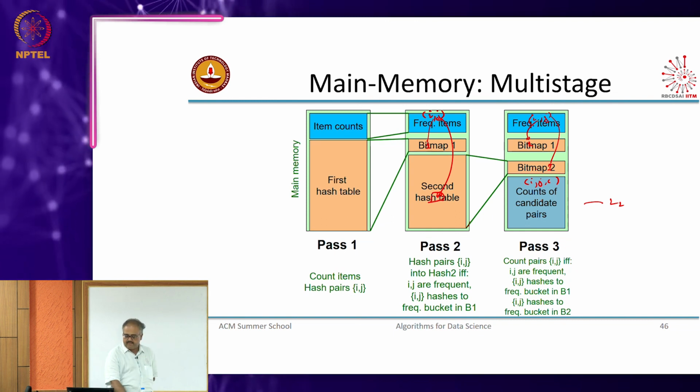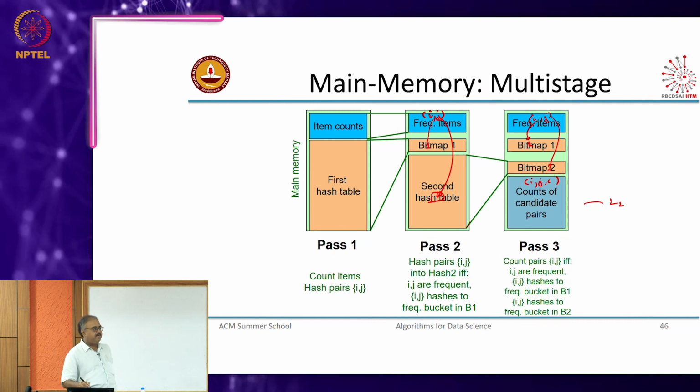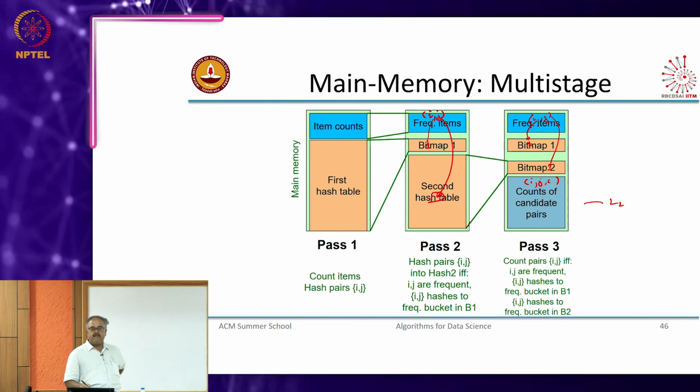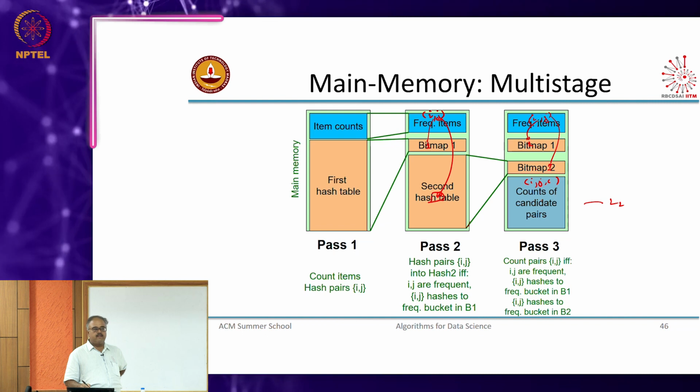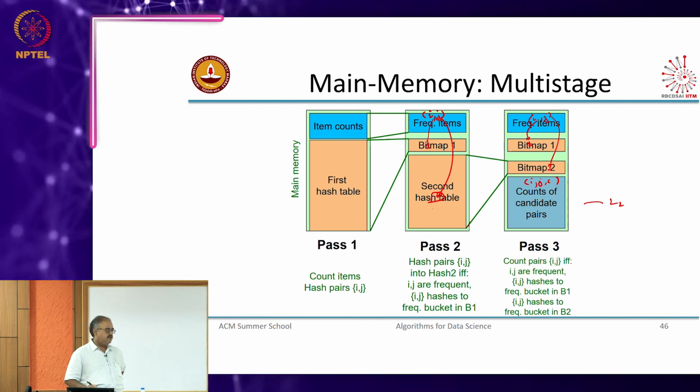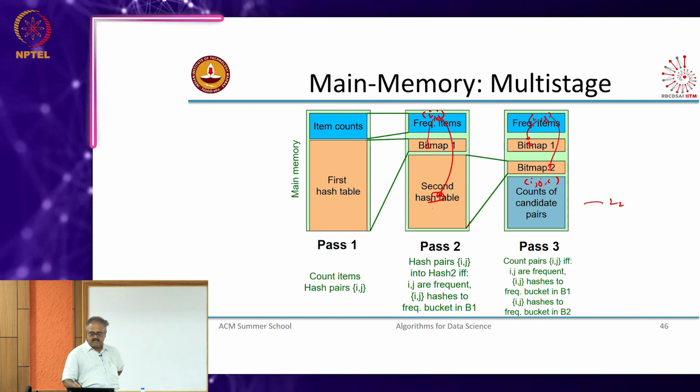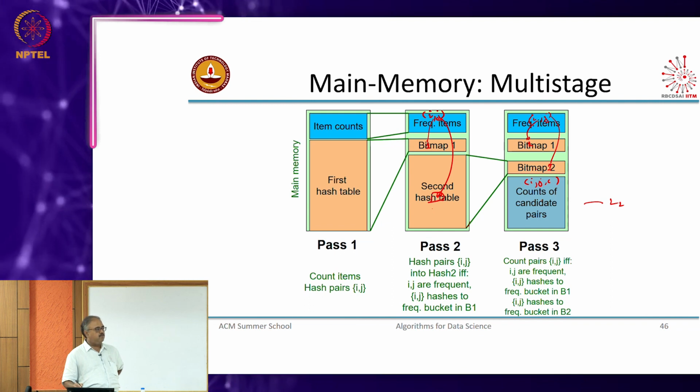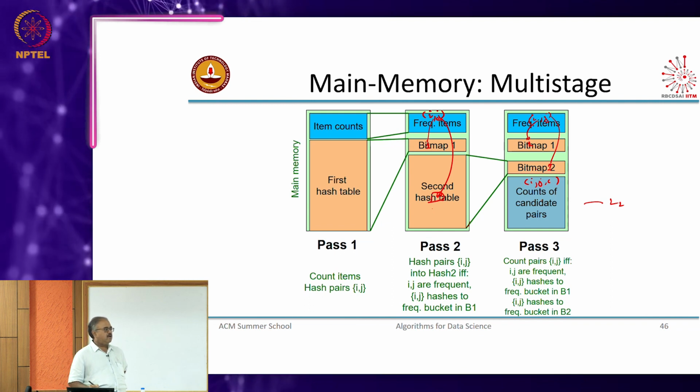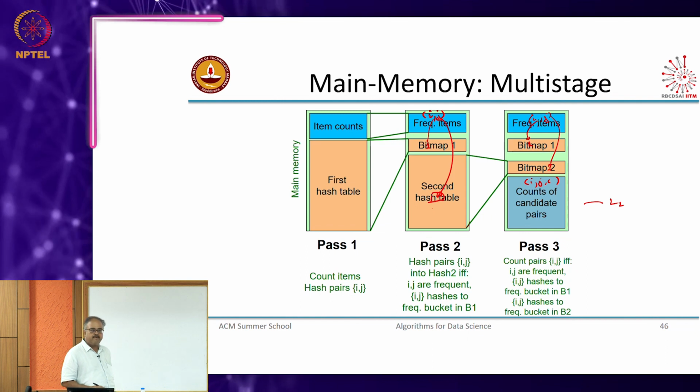What we did here, we only hashed elements that were frequent in bitmap 1 into a bin here and counted the number of occurrences. So, why can't I just take this ij, see if it is a 1 in bitmap 2, and then if it is a 1, count? Why do I have to check whether it is a 1 in bitmap 1 also?